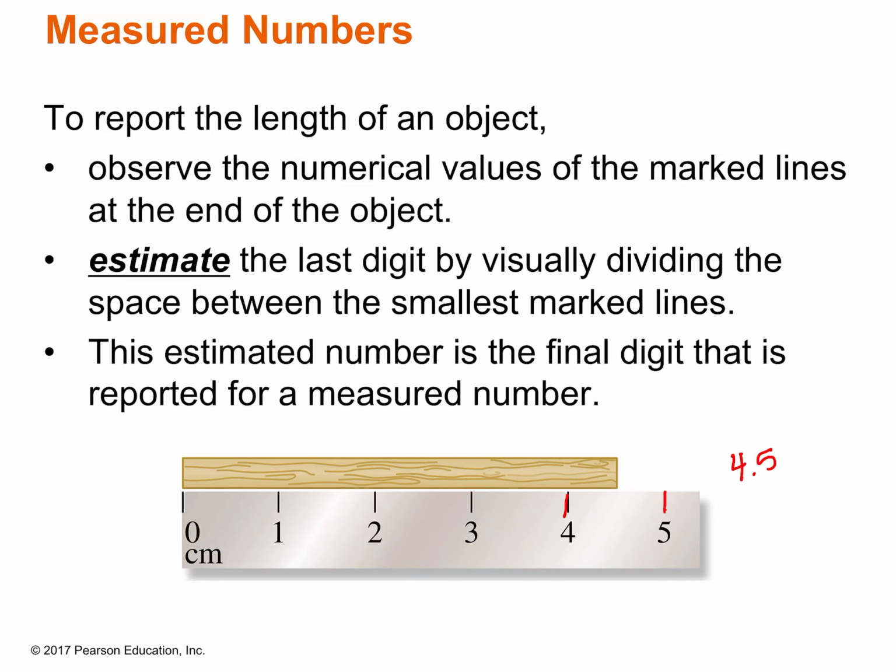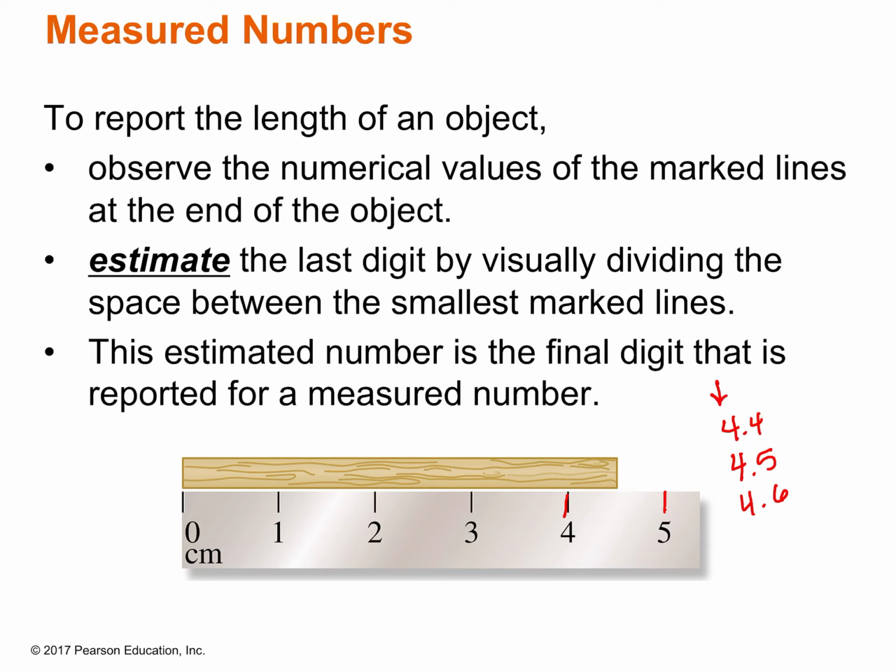But you could also say maybe 4.4 or 4.6, because that last digit is an estimate. There's no way of knowing if you're right or wrong because there are no lines there. So somebody saying 4.4 or 4.6, even 4.3 or 4.7, all of those would be acceptable answers because this last digit is a guess, an estimate.